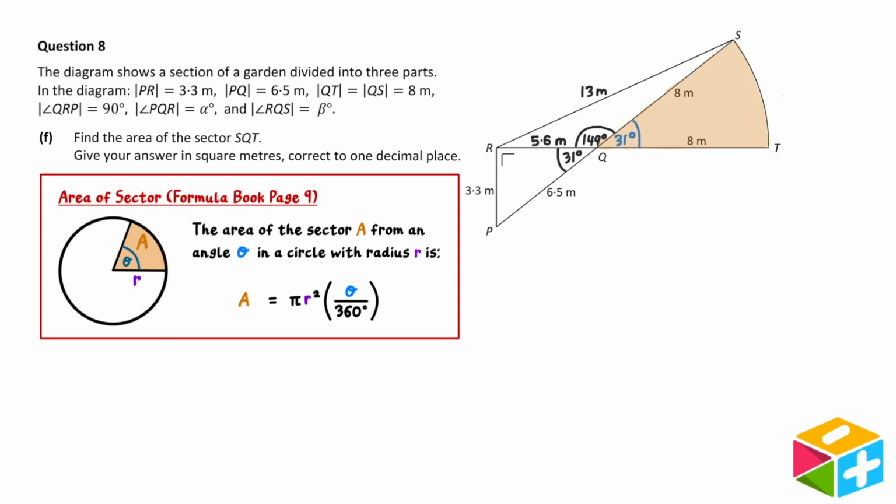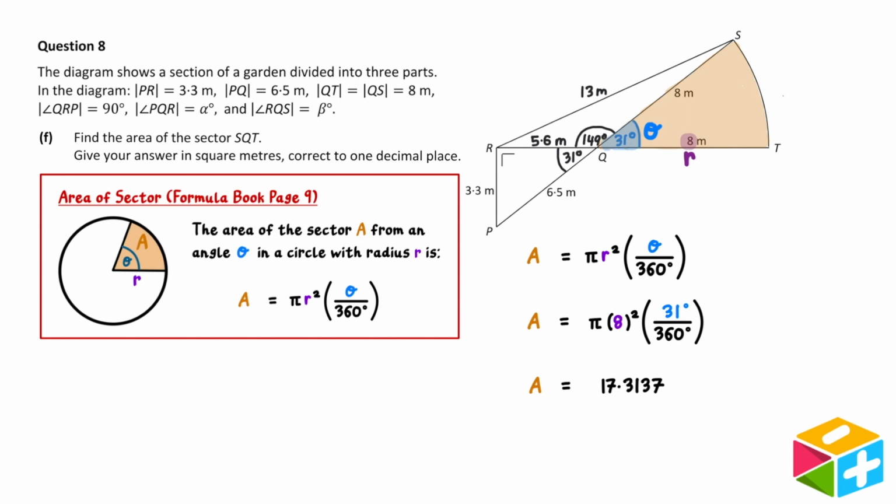In this formula, theta refers to the angle which spans the sector. In our diagram, we'll have theta equal to 31 degrees. r is the radius, and in our sector, we have a radius of 8 meters. To find the area of our sector, all we have to do is sub in these values to our formula.